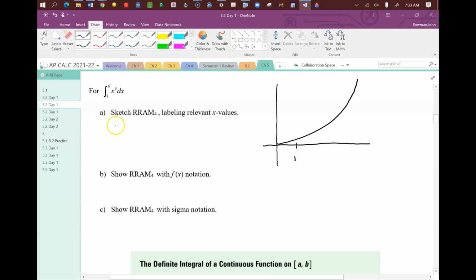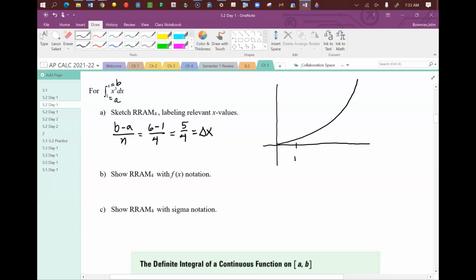And the way we're going to do that is we're going to take the upper limit, which is referred to as B, and the lower limit, which is referred to as A. We're going to take their difference, so B minus A, over N, or in our case, 6 minus 1 over 4, or 5/4, to establish the width of each rectangle.